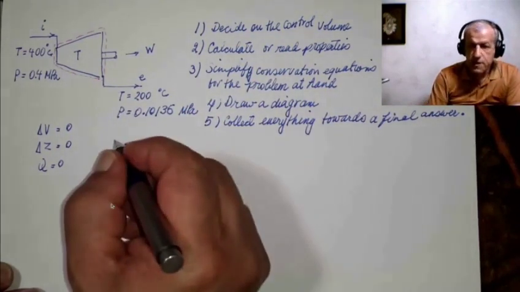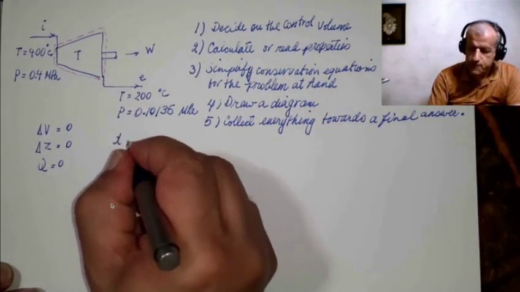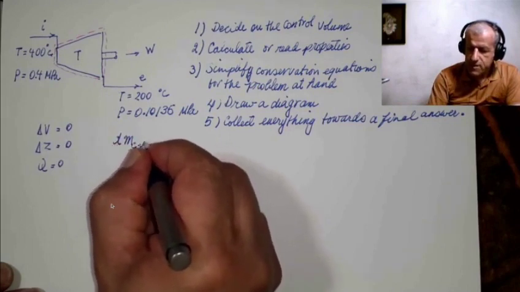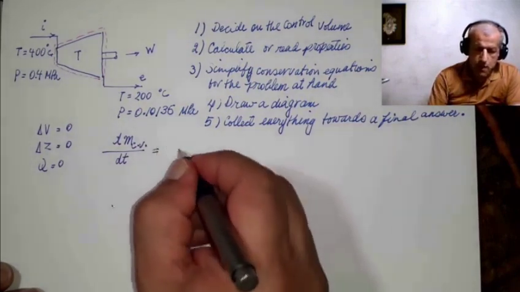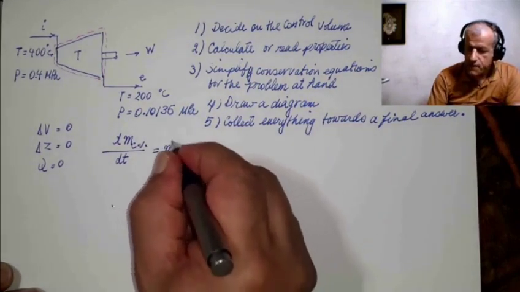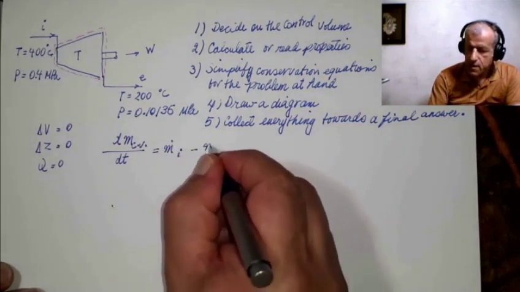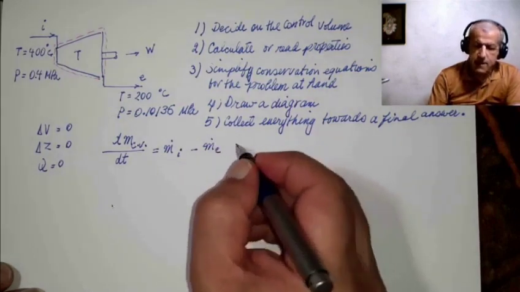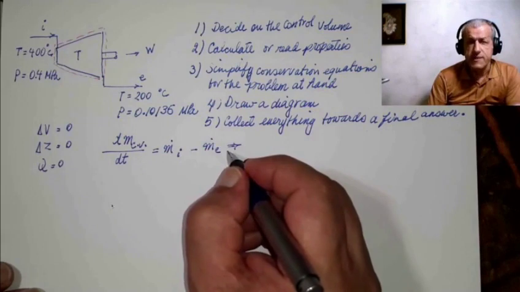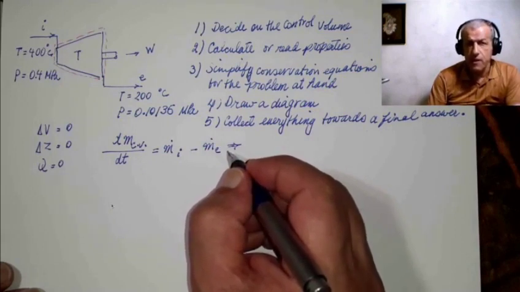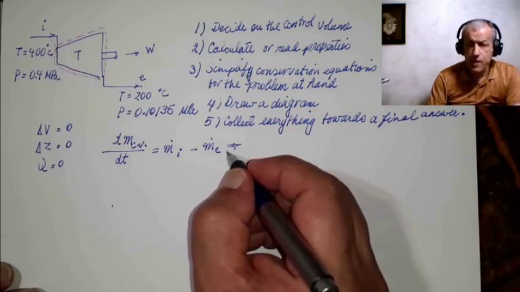So the mass conservation equation tells us that the change of mass inside the control volume is a function of the mass entering minus the mass leaving the control volume. And since this is a steady state problem, it means that the turbine does not change and the problem continues.